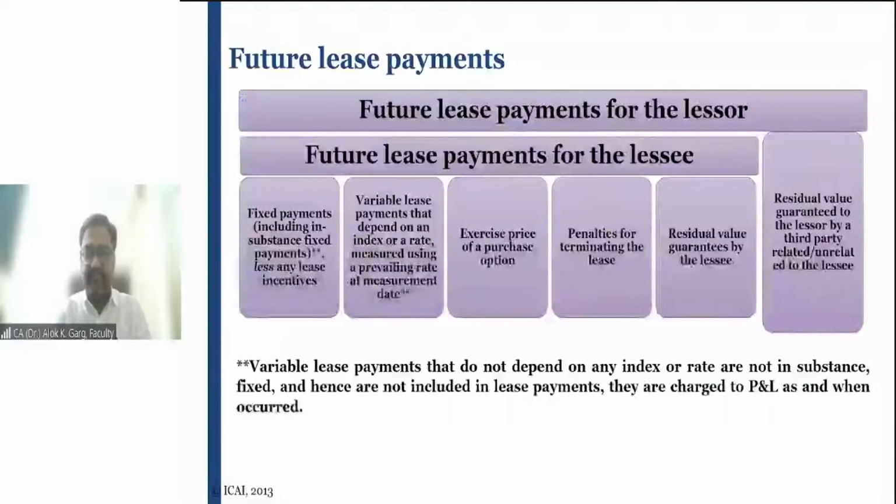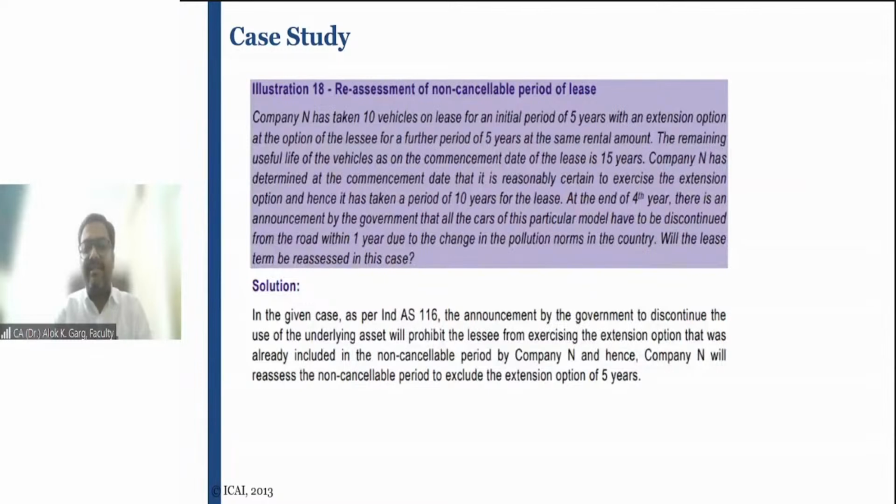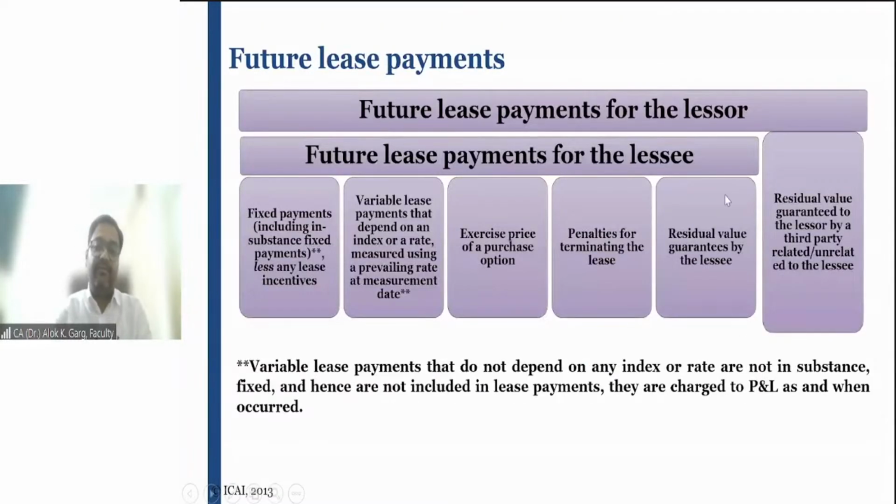So Rahul has mentioned from the lessee perspective, the five payments include number one, fixed payment plus in substance fixed payment. Very good. Plus variable payment. Very good. Plus exercise price in case of a purchase option. Great. Plus penalties for termination plus residual value guarantee. Very good.